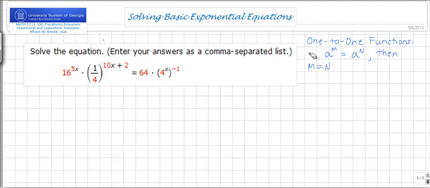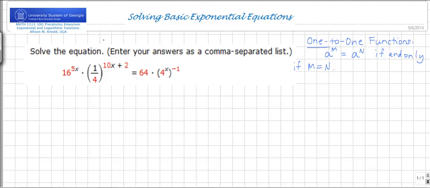So let me write it this way. If and only if means it works in both directions. So in that regard, if I can write each side as a power of the same base, then I'll be better able to solve the equation.